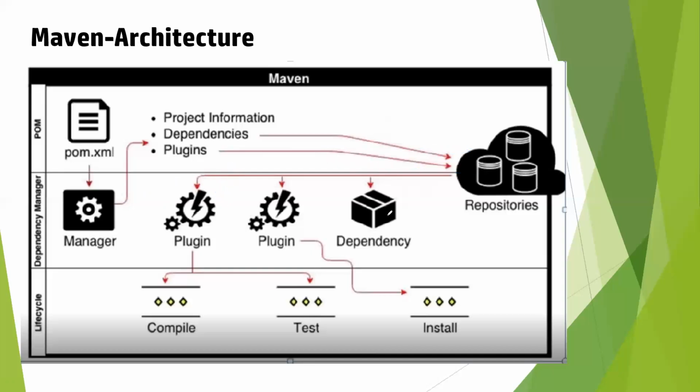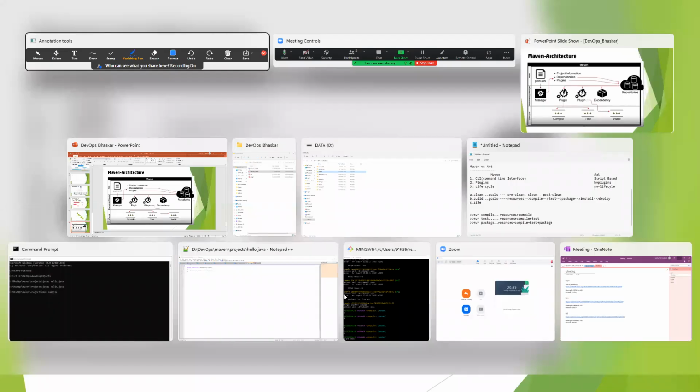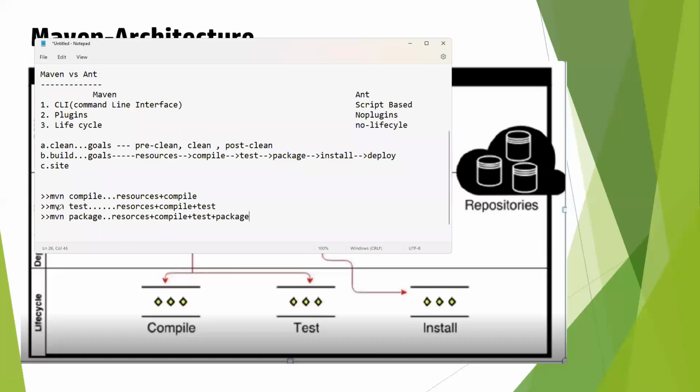If you see the dependency, just now we were talking about this, right? When you use Maven test, my resources is executing, my compile is executing. I'm not instructing to execute resource and compile, right?